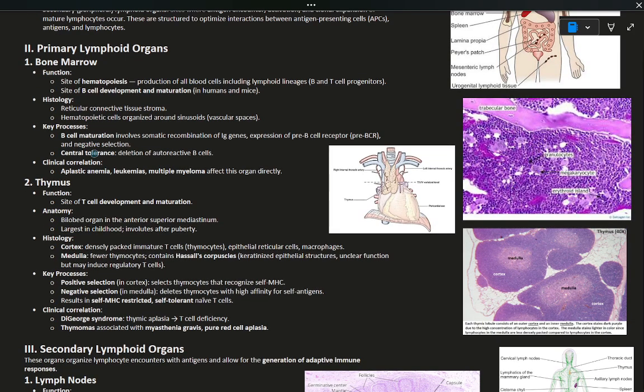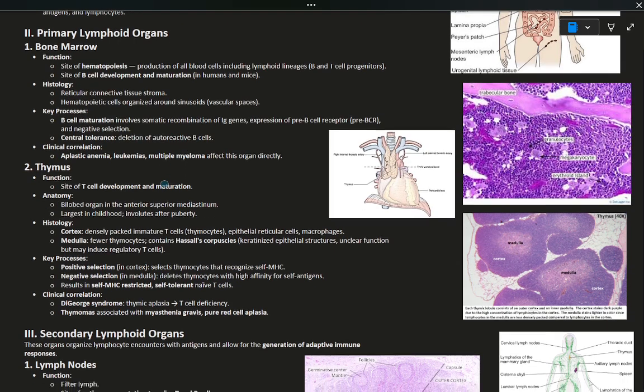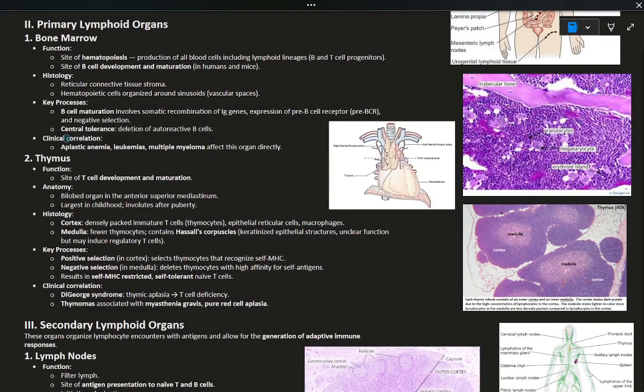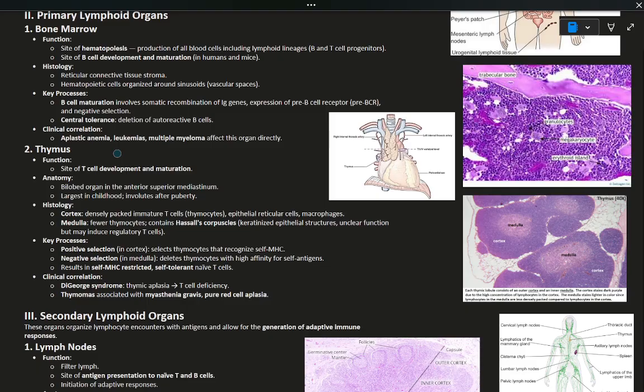There's also central tolerance, which is a deletion of autoreactive B cells. There's some clinical correlation to keep in mind, such as aplastic anemia, leukemias, and multiple myeloma, because they involve this organ, the bone marrow, being affected.